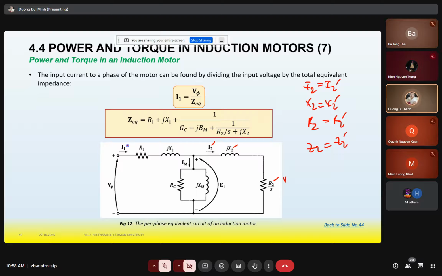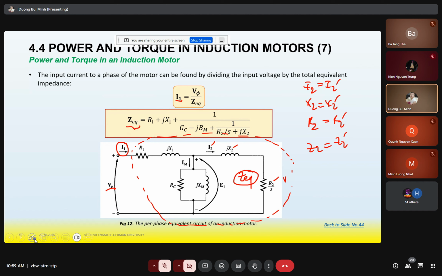If we would like to calculate I1, you need to know the equivalent impedance of this circuit, Z_EQ. If we know Z_EQ, you can calculate I1: I1 is V phase divided by Z_EQ. So how can we calculate the equivalent impedance?